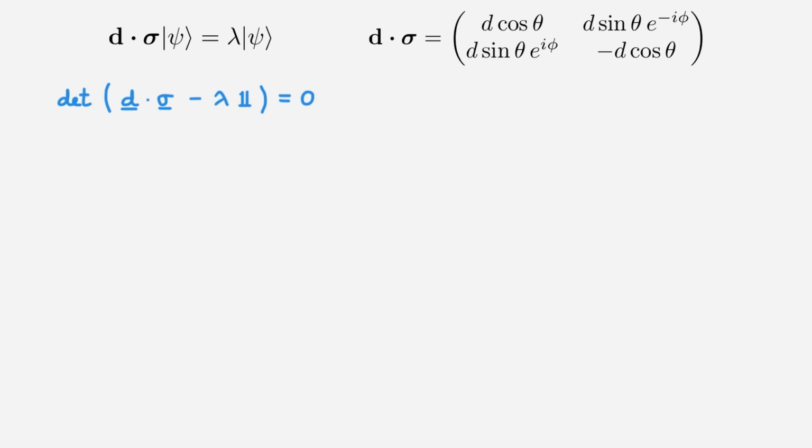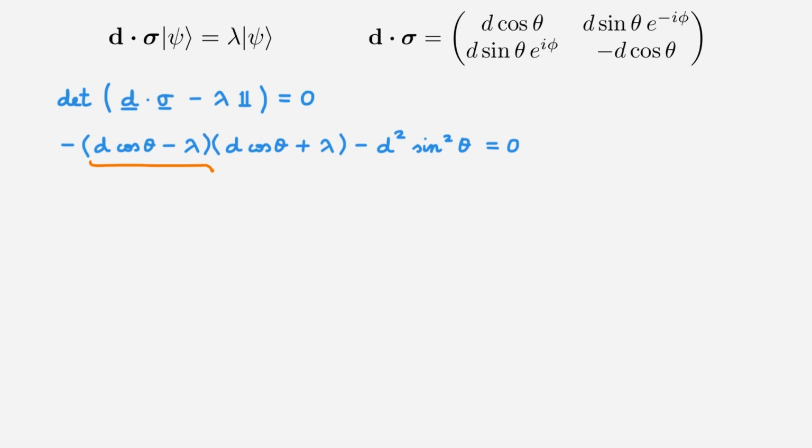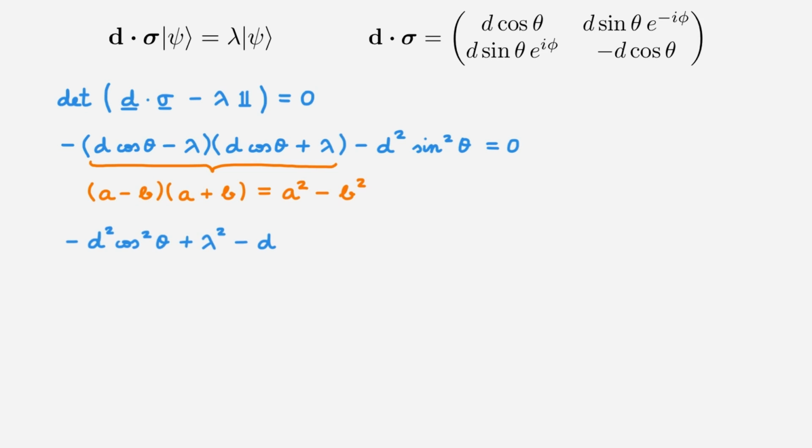Let's now make a little bit of room, and let's copy the polynomial equation that we have to solve to find the eigenvalues. The first product here has this general form, which evaluates to a squared minus b squared. We can therefore expand the first product like this, minus d squared sine squared theta, all equal to 0.